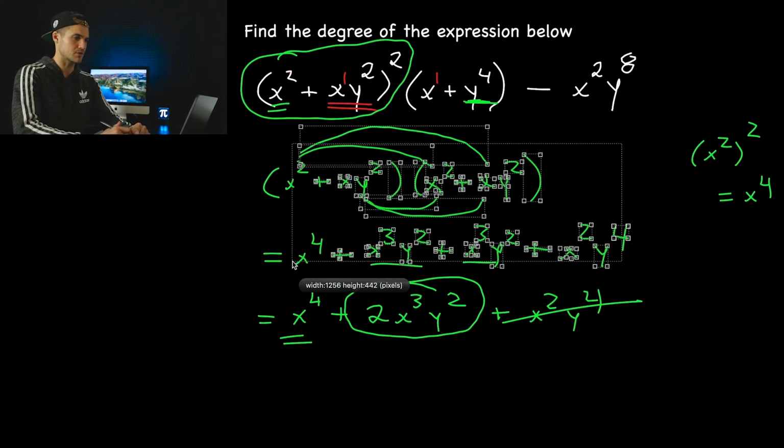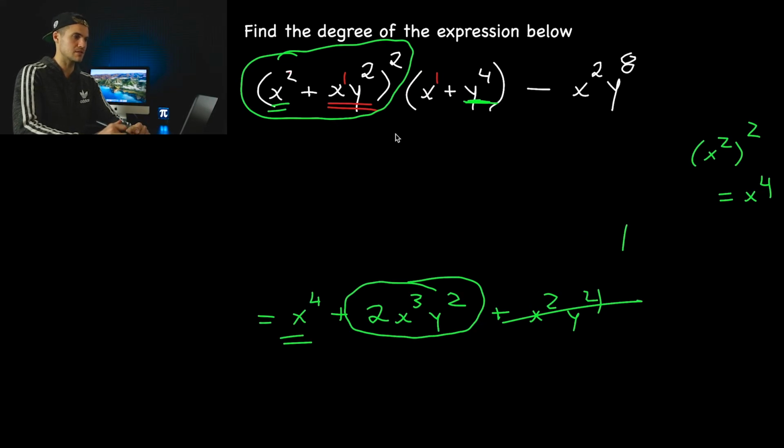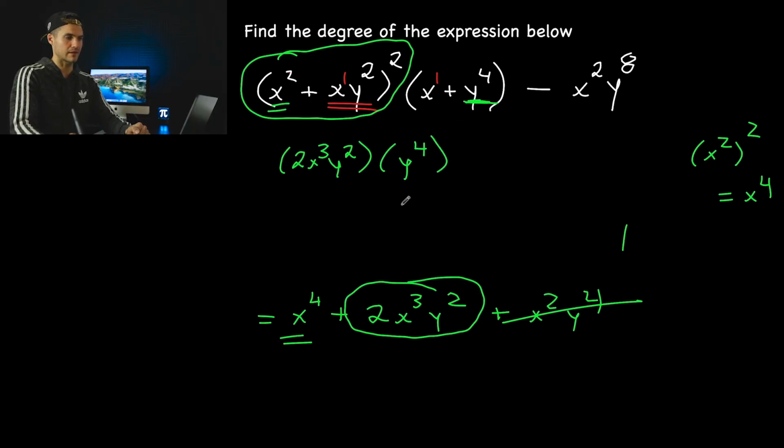So what I'm going to do is let's erase all this. From this green factor, we said that the highest degree is going to come from this term, 2x cubed y squared. And then we know that the highest degree from this one is going to be y to the 4, like that.